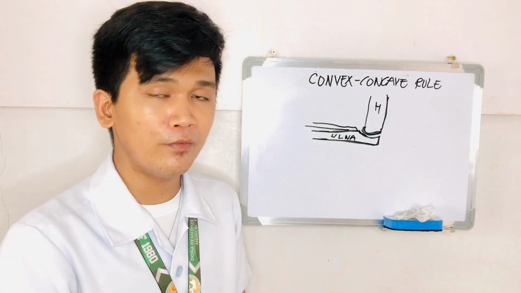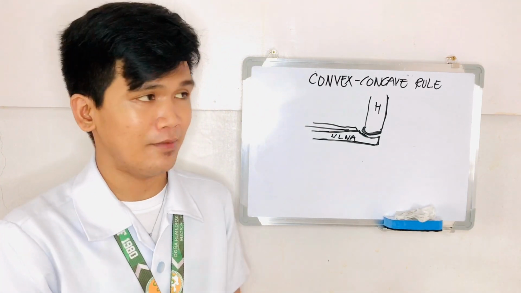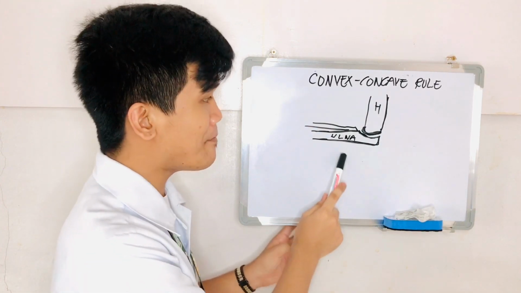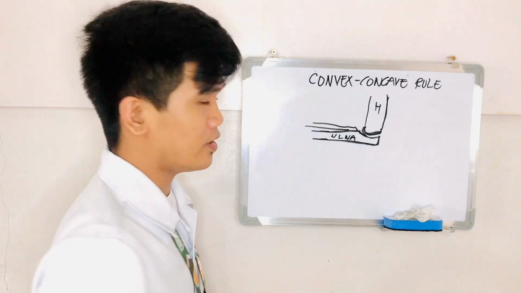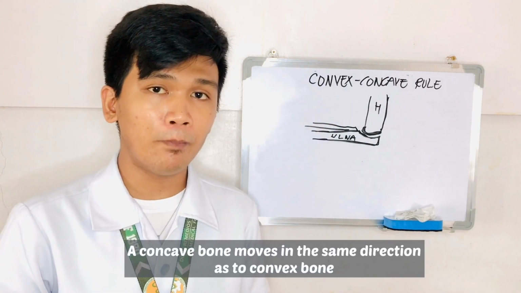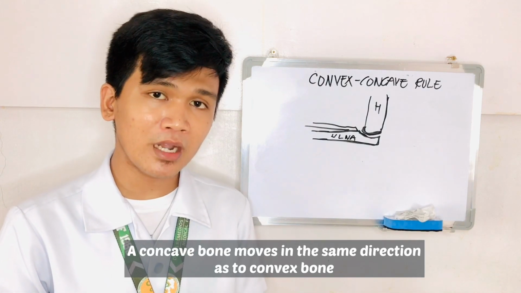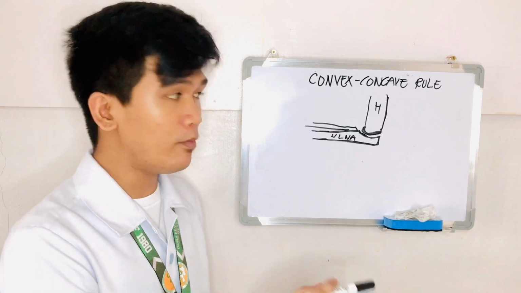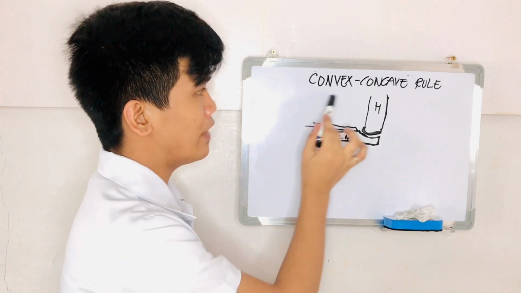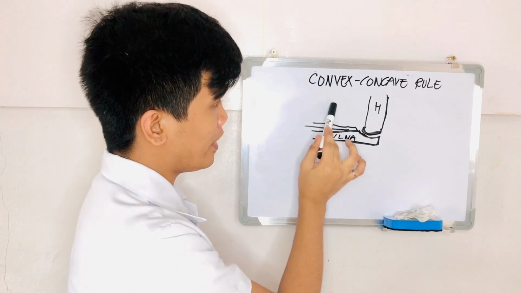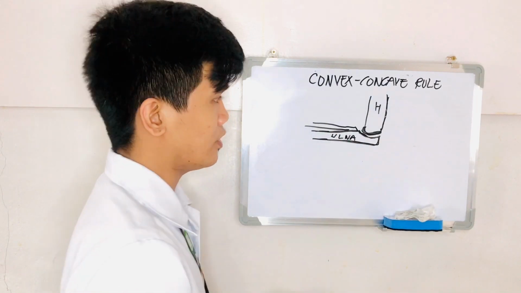Now, sino ang nagmo-move kapag nag-elbow flex ka? Si ulna or si humerus? It's the ulna, right? And then it happens that ulna is concave. So according to this rule, a concave bone moves in the same direction as to the convex bone. Therefore, if you move your elbow into flexion, the concave ulna will move upward to the direction of the humerus.